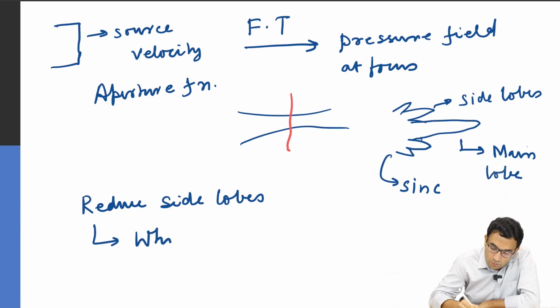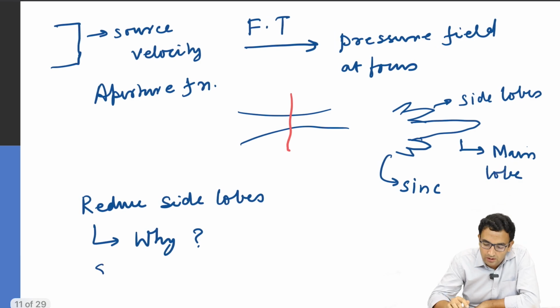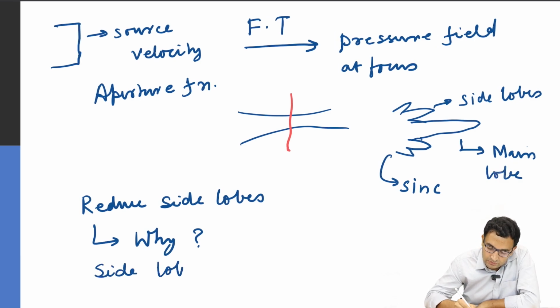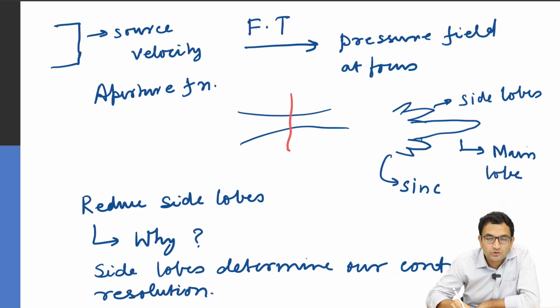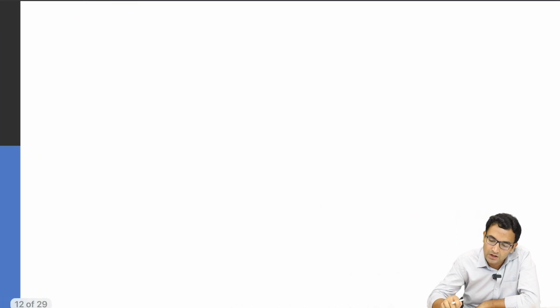So rather, let's say, why should we do it? Why should we reduce side lobes? If you will recall, side lobes determine our contrast resolution. So we would like to reduce the side lobes. So what can we do to reduce the side lobes? If it's a single element transducer, there's not much we can do to change the source velocity function or the aperture function.